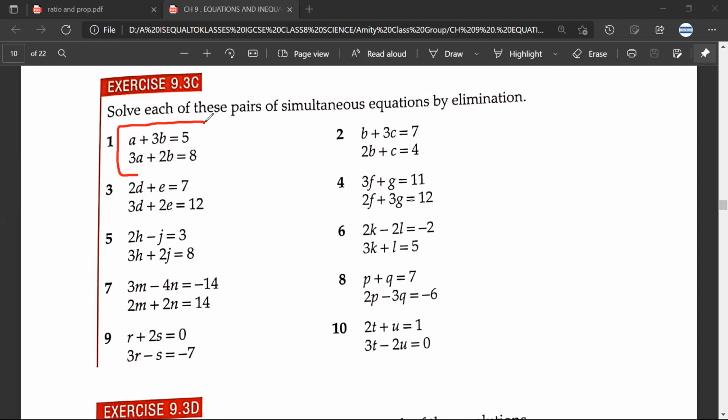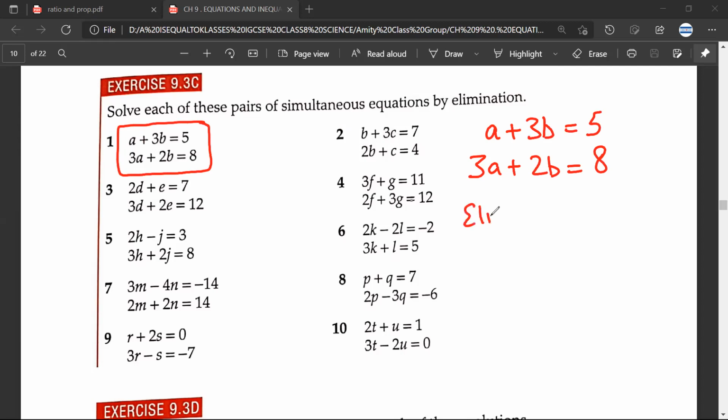So for example, let us focus on this example. a plus 3b is equal to 5. 3a plus 2b is equal to 8. So let us assume that I want to eliminate a.